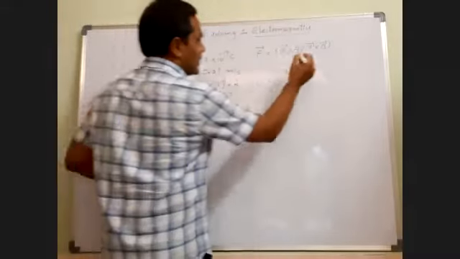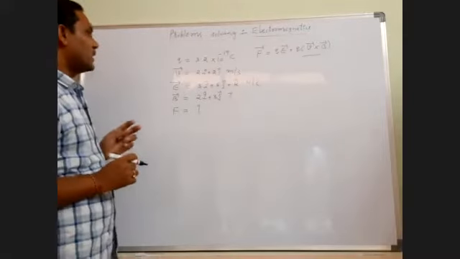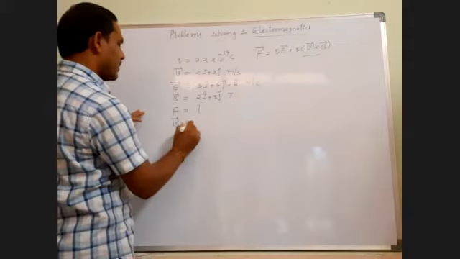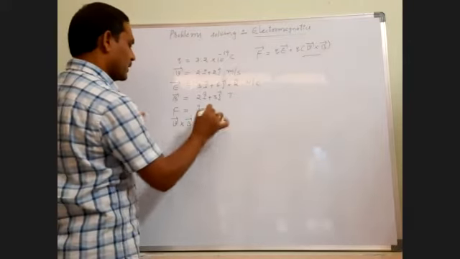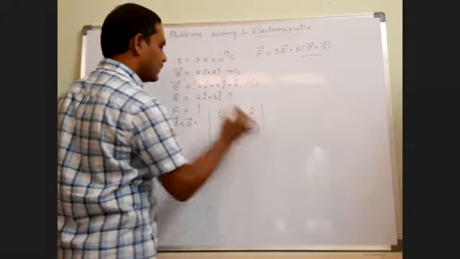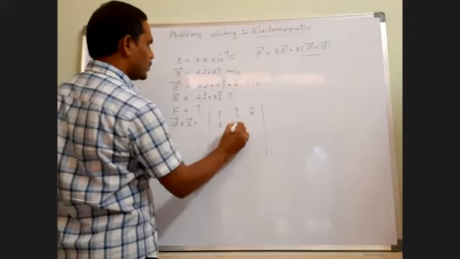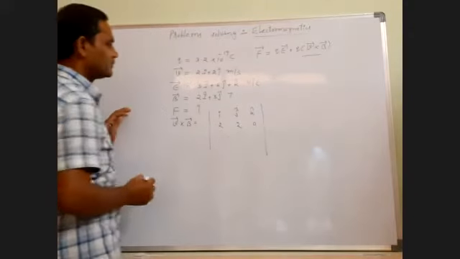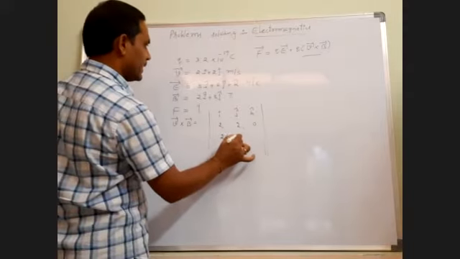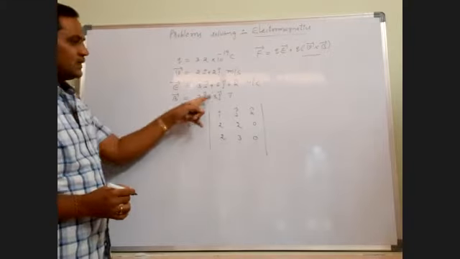Here first, let us calculate V bar cross B bar. Since in the problem the vectors are given, V bar cross B bar is equal to the determinant of I, J, K. V bar components are 2, 2, 0, and the B bar components are 2, 3, 0.